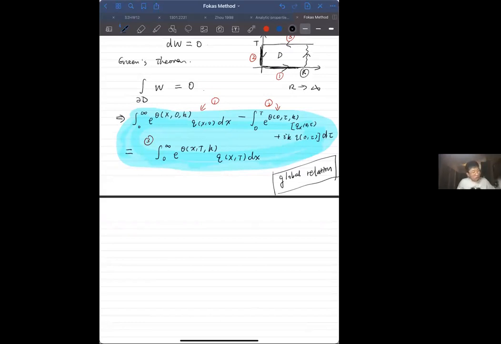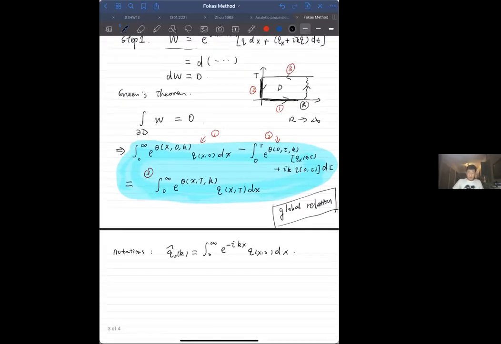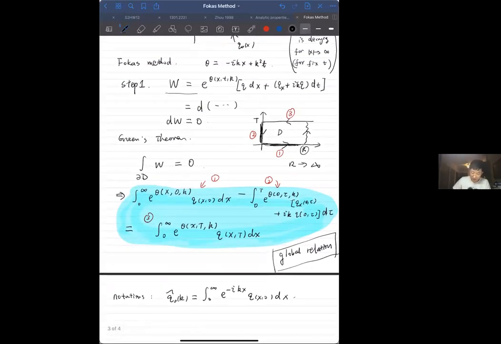Let me introduce some notation. Q hat naught is the integral of e to the minus i k x q(x,0) dx. This is basically the first integral, because theta when t equals 0 is exactly minus i k x.